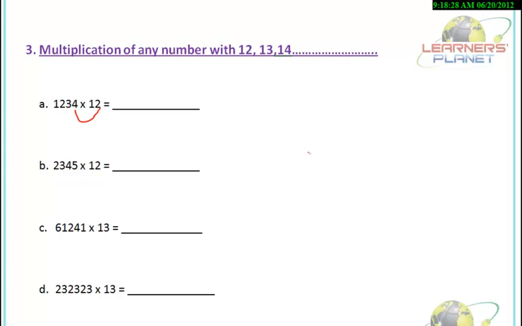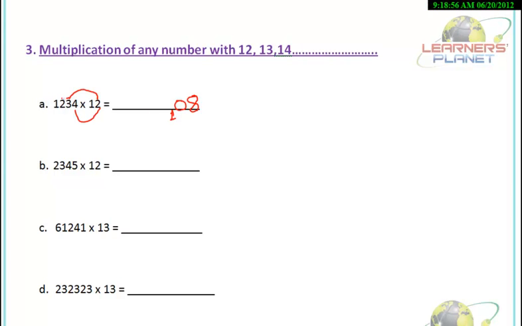So we'll get 8. Then we'll multiply the next digit and add, that is 3 2s are 6 plus 4, 10. Just write 0 over here, and in the previous session we have already learned that we should not put two digits over here, so 1 will be carried over. As of now we just write 1 over here.